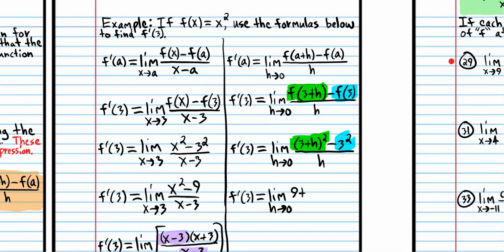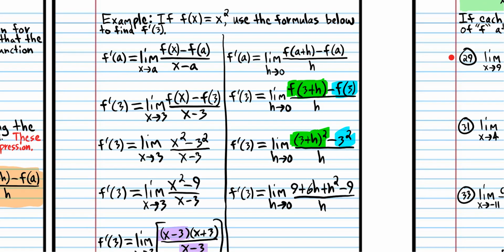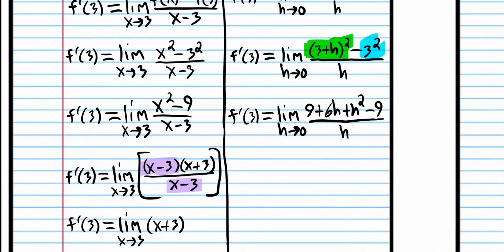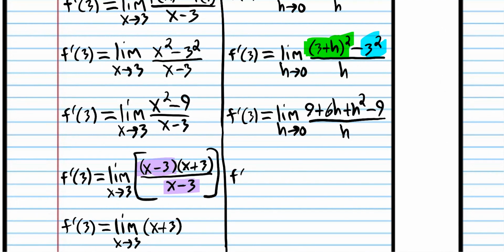With the other formula we just had to factor, but with this formula we have to expand. So it's a different way of finding the derivative. Okay. So I expanded, and the 9s are going to cancel out.